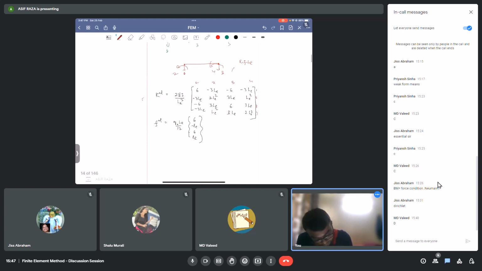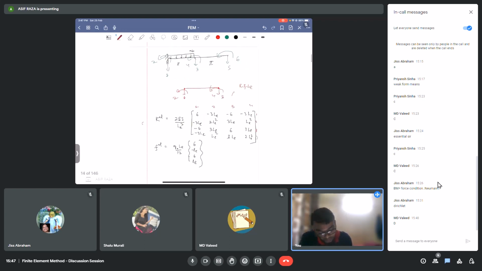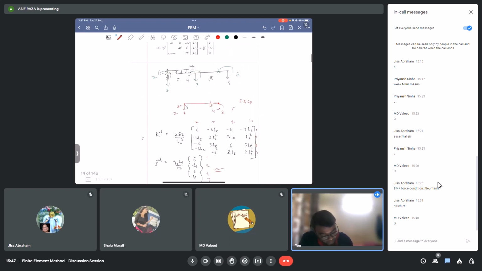Correspondingly, if we have a UDL on this system, the load is divided like this across 1, 2, 3, 4. Better keep this in mind.